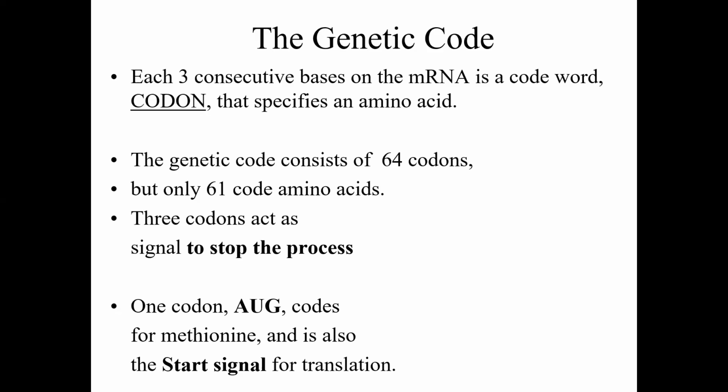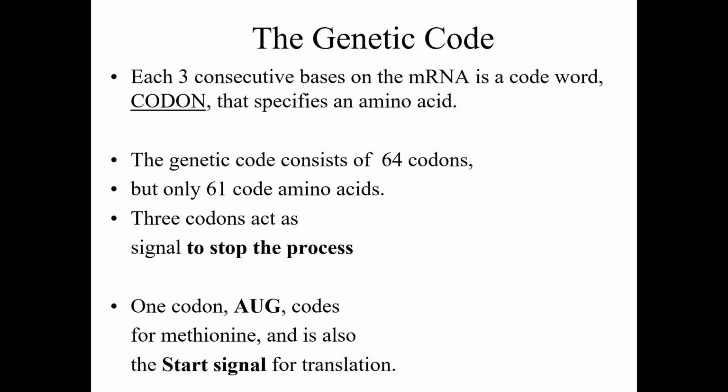It is also non-overlapping, meaning that each ribonucleotide in messenger RNA is part of only one triplet. And it is universal, which means almost every species on Earth uses the same genetic code.